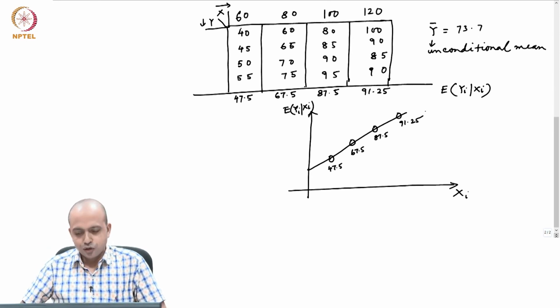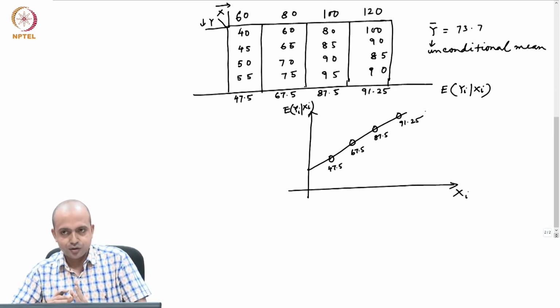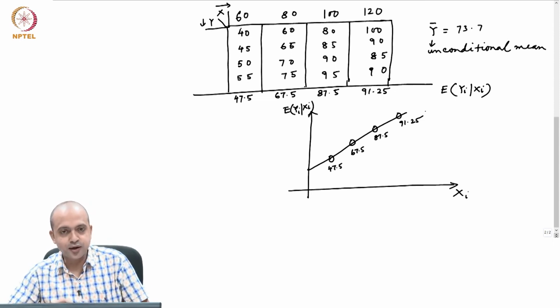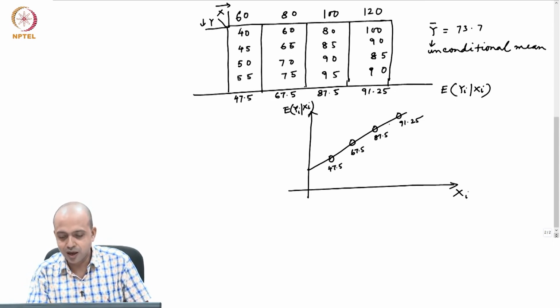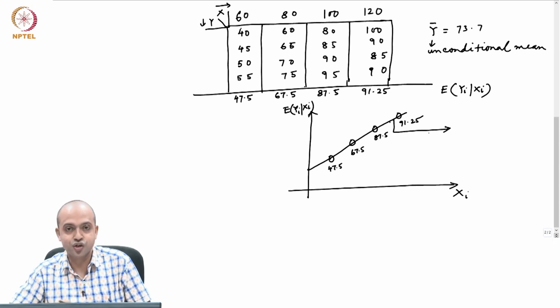So, when we join the locus of all these conditional means, we get a line which is called the regression function or regression line.